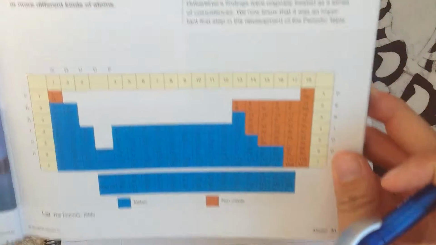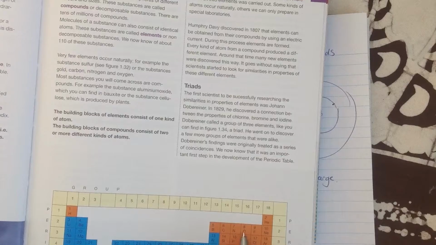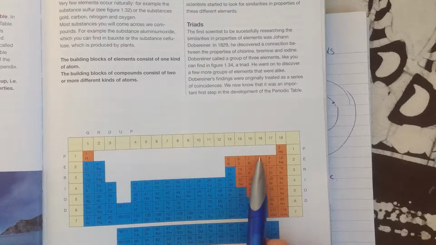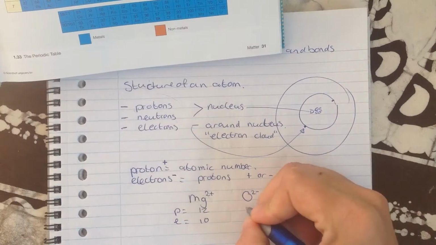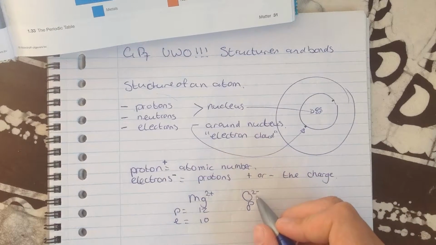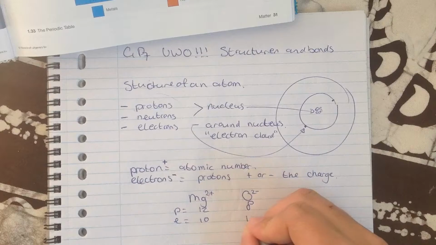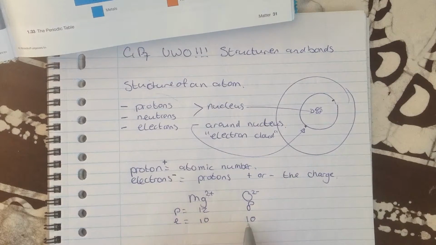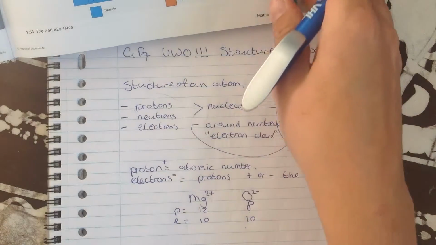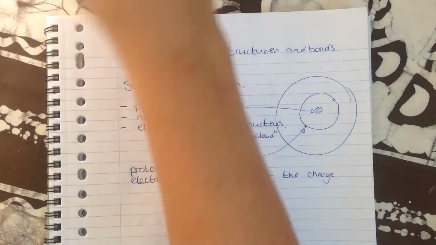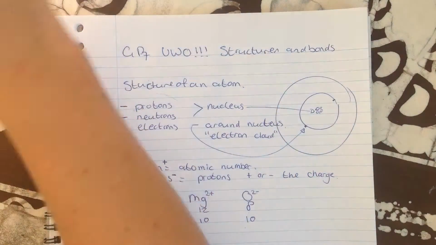The O2− is here: O has atomic number 8, so it has 8 protons. I have 2 more electrons than protons, so this one also has 10 electrons. So you can see that the electrons are equal while the protons are not. They are different kinds of atoms, but because of their charge they have an equal amount of electrons.